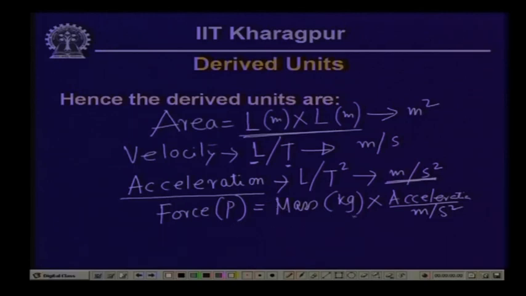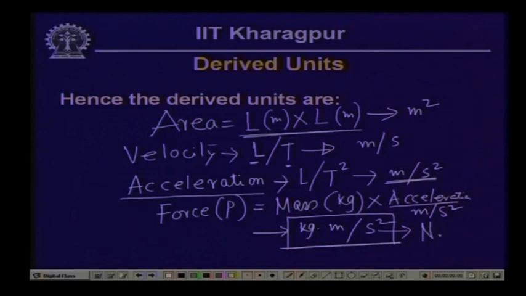So, this gives us the unit kg meter per second square. This unit, kg meter per second square, we normally designate as Newton, and the abbreviated form of Newton is N. Thereby, the unit of force is Newton.